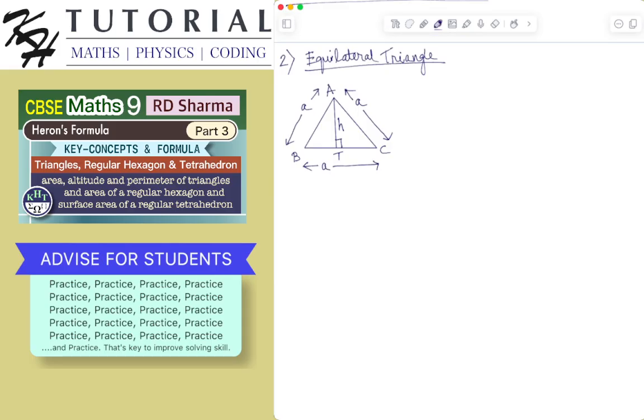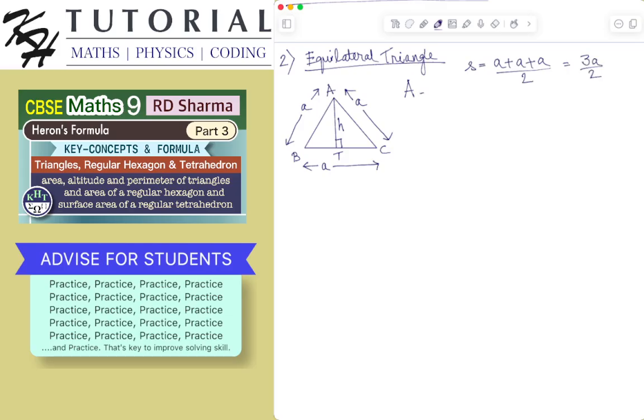Obviously, Heron's formula can always be used to find the area of a triangle whose three sides are known. So for an equilateral triangle, the semi-perimeter s will be (a plus a plus a) divided by 2, which is equal to 3a by 2.